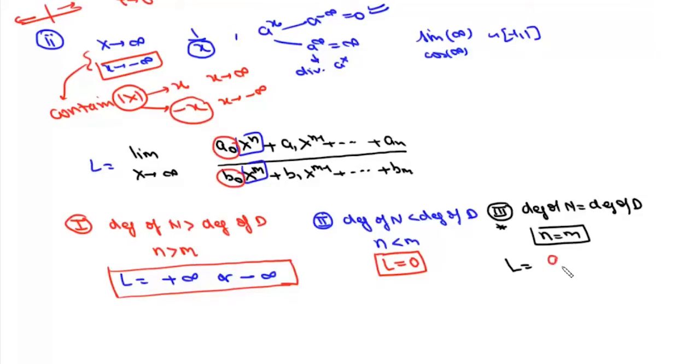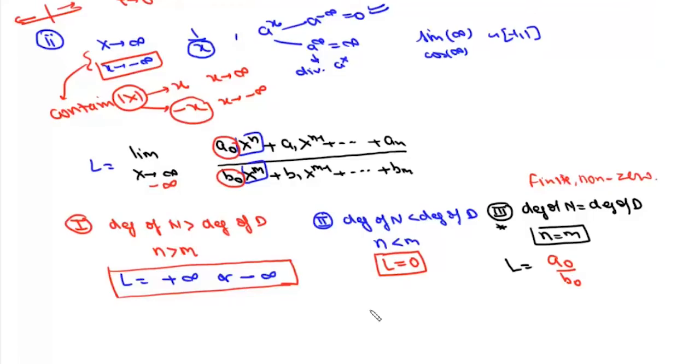So value of this limit in this case will be simply a0 by b0. So if we have this limit x tends to plus infinity or x tends to minus infinity, then this limit will have a finite non-zero answer if degree of numerator is same as degree of denominator, and in that case value of this limit will be simply the ratio of coefficients of highest powers of x.